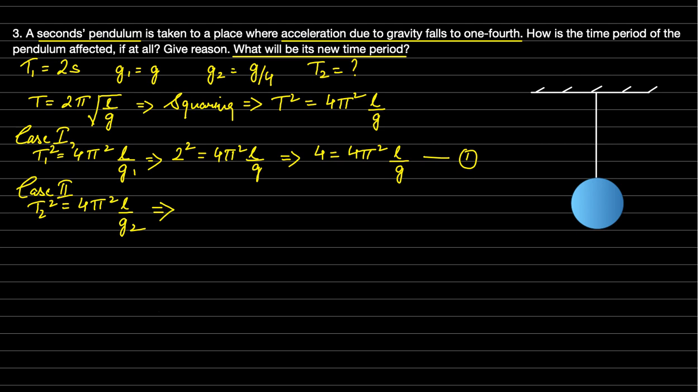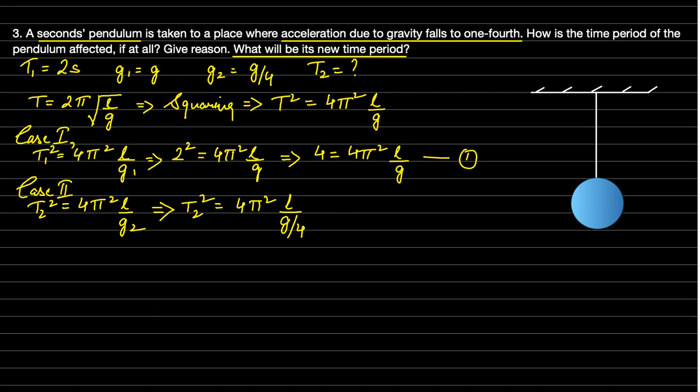Here T2 square only, because we need to find that, is equal to 4 pi square L divided by g2, which is nothing but g by 4.